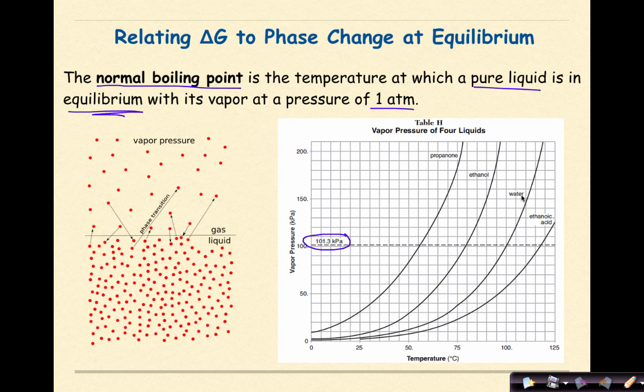So we can look at water, and we can look at this point right here, and we can state at a pressure of 101.3 kPa, the temperature is 100 degrees Celsius, and water will go through phase change from a liquid to a gas. So at 100 degrees Celsius, this is our liquid phase, and this is our gaseous phase. And that relates to the other 3 compounds listed in this diagram.